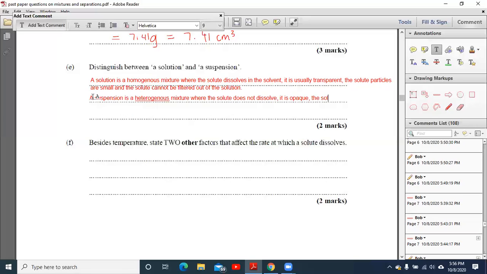The solute particles are larger than in a solution, so we're comparing exactly, or we can give the figures.